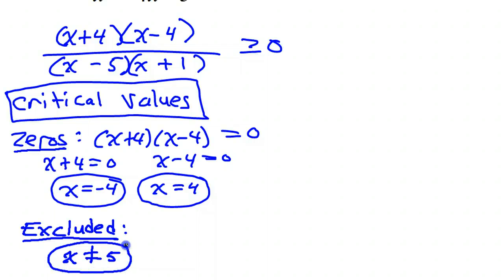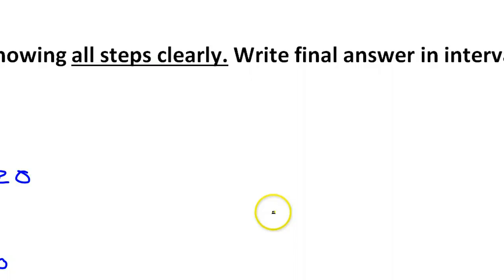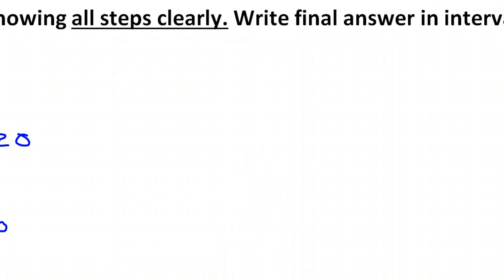So that's an excluded value. Looking at the x plus 1, I know that x cannot equal negative 1. Okay, so all 4 of these values are critical values, and they will all 4 have to be used to help us break up our number line.